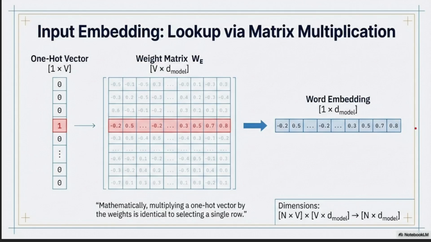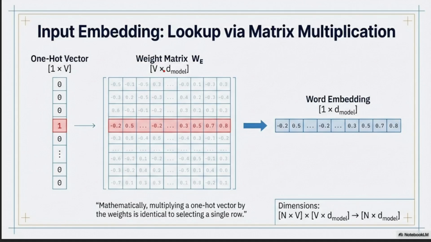So for the first step, input embedding, we convert our one hot vector into dense vectors that capture meaning. Mathematically, we multiply the one hot vector, which is of size 1 by V, by a learned embedding weight matrix of size V times d model.